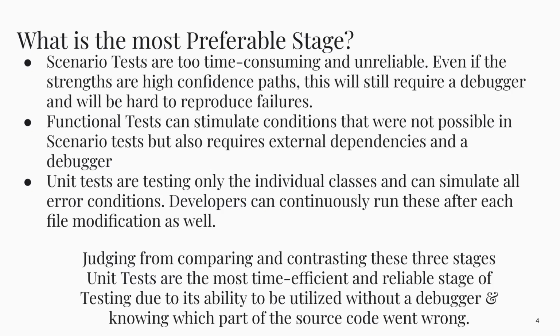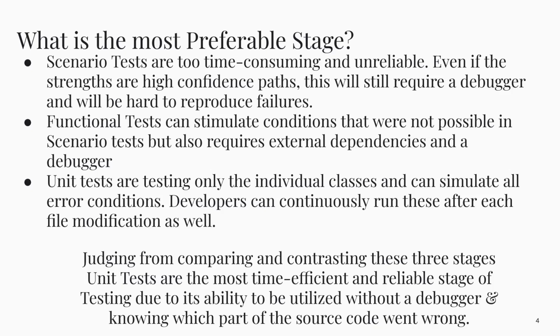So it takes a unit, isolates it, tests it, and reproduces an error if there is one within the test. So developers can continuously run these after each file modification. So these are continuously running, automated, and very efficient.